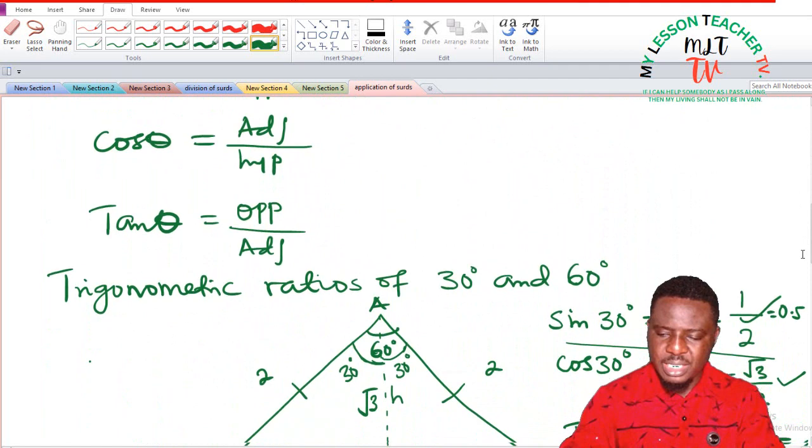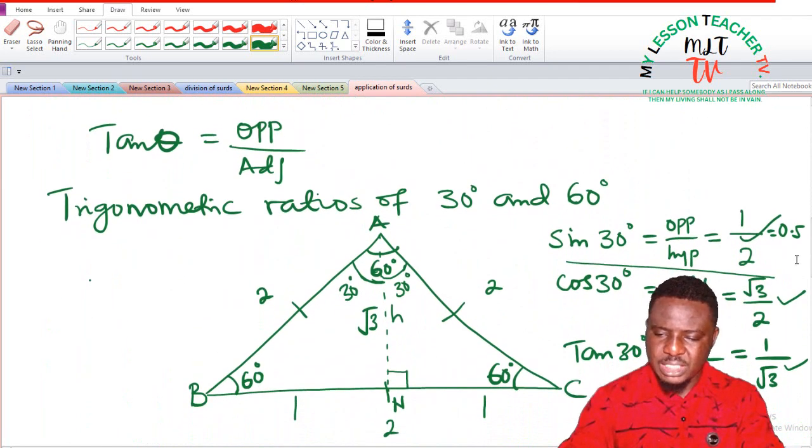Thereafter, we are able to get the trig ratios of angle 30 degrees, 60 degrees, and 45 degrees.